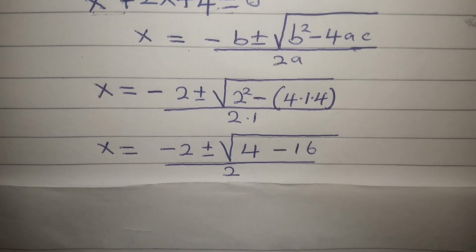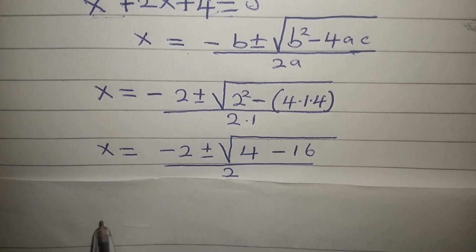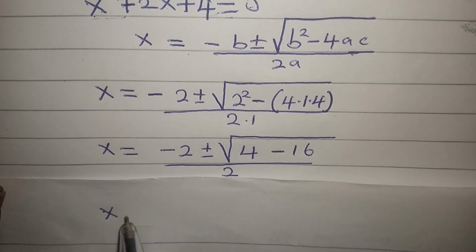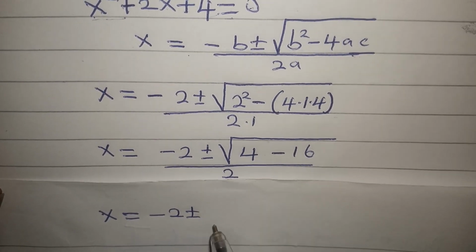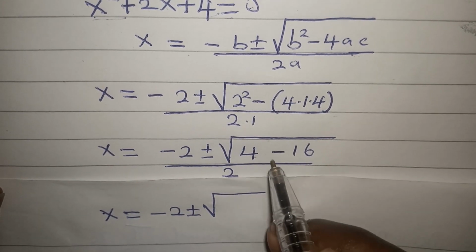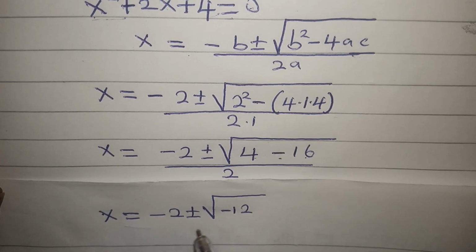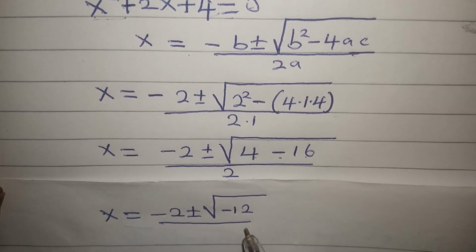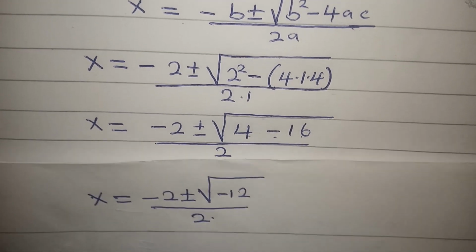So we can now write our x is equal to minus 2 plus or minus the root of, so 4 minus 16 is going to give us minus 12, over 2. Okay, so this is what we are now having.